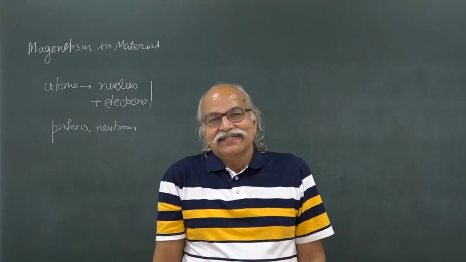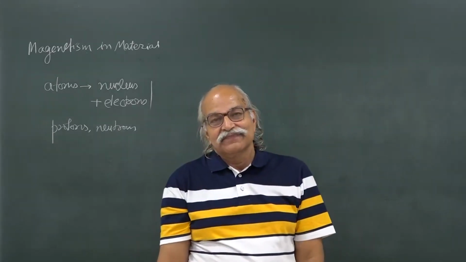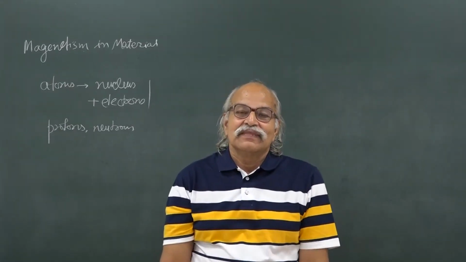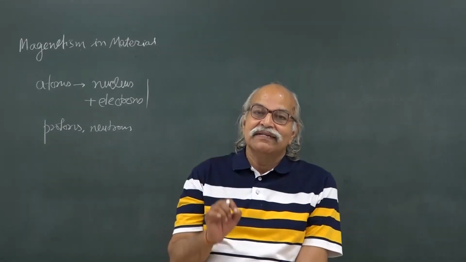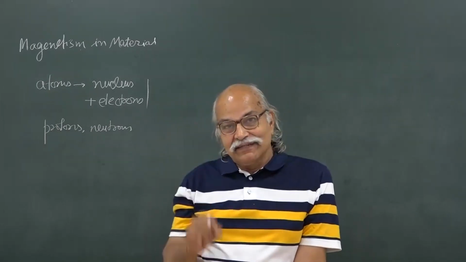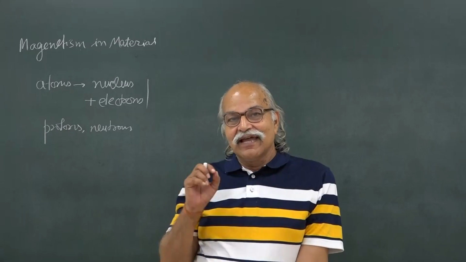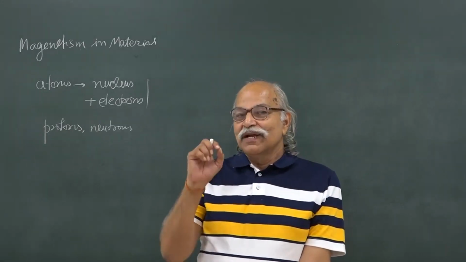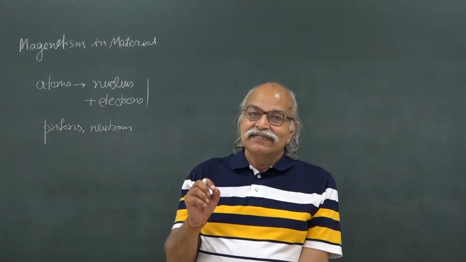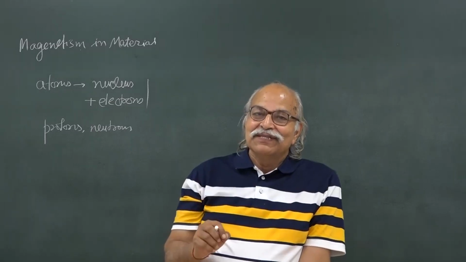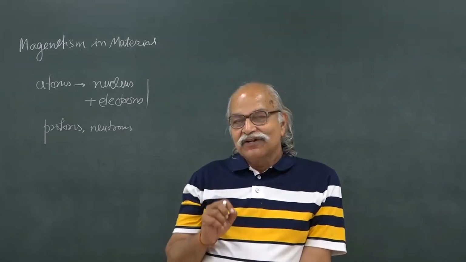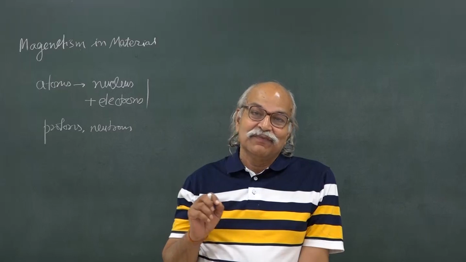It so happens that each proton in the world, each electron in the world, each neutron in the world, they have some magnetic dipole moment even without any motion, built in, intrinsic. It is there. If the proton is there, no matter whether you give it a motion or not, whether it is moving or not, this proton, this electron, this neutron, they all have some magnetic dipole moment that we call spin magnetic moment.